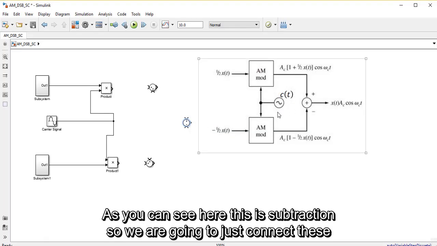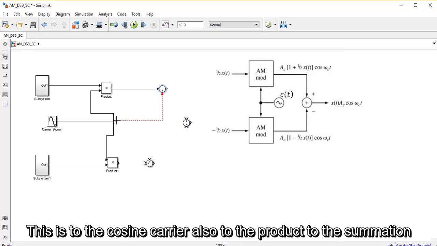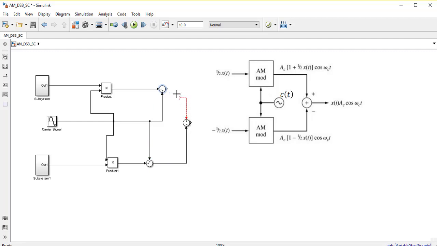So we're gonna just connect the links, this to here, this to the cosine carrier, also to the cosine carrier, to the product, to the summation.